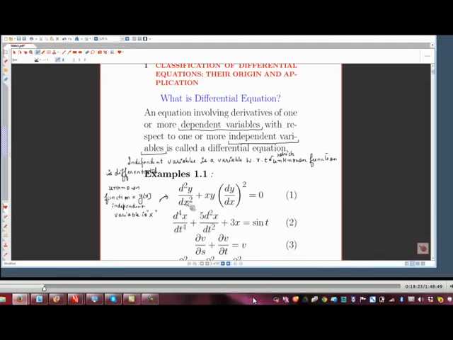In the first equation x was the independent variable, but in the second it became the unknown function. And what's the independent variable in the second one? T. Very good. So the independent variable is t here, and the unknown function is x of t.